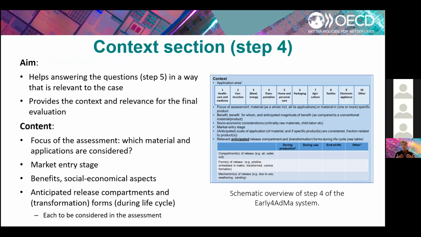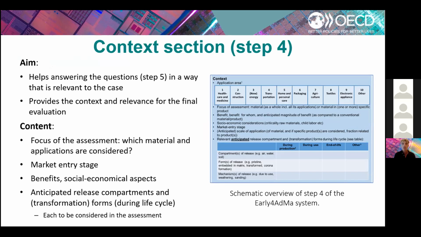So the step 4 context starts by basically collecting as much information as possible regarding safety, sustainability, etc. And this part should help the user to answer the questions in step 5 in a way that's relevant to the case. And it provides a context and also the relevance for the final evaluation. In this context section, what you do is you describe the focus of the assessment.